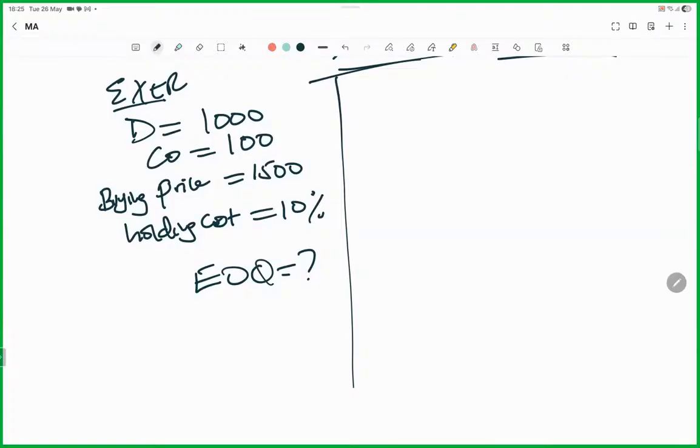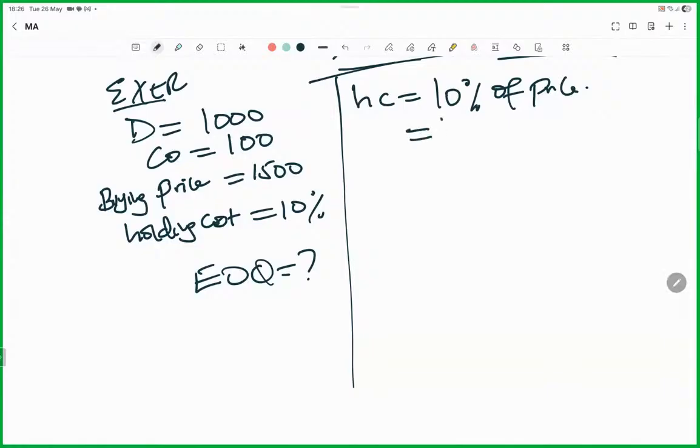Because what they have known is that HC must always be in Kenya shillings. Whenever HC is given in the form of a percentage, it must always be a percentage of your buying price. That is the trick. You take that percentage times the price, because the money tied in our stock is the price.